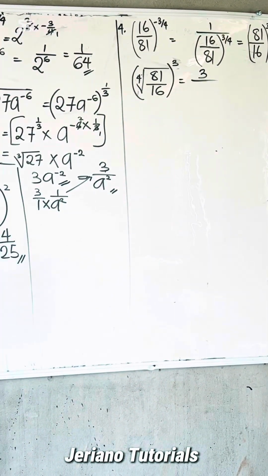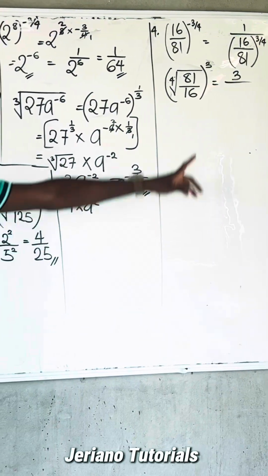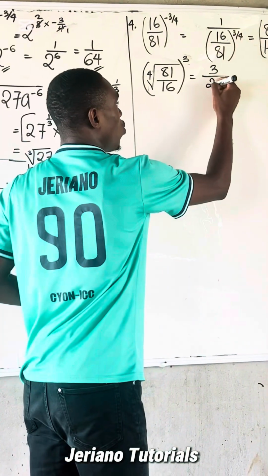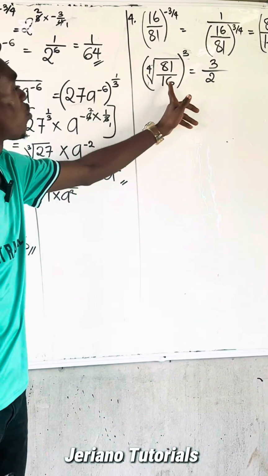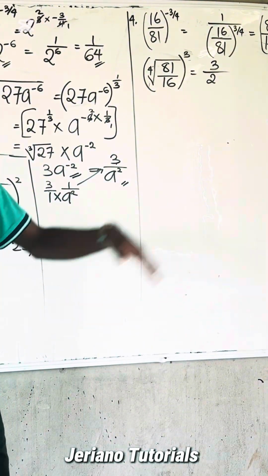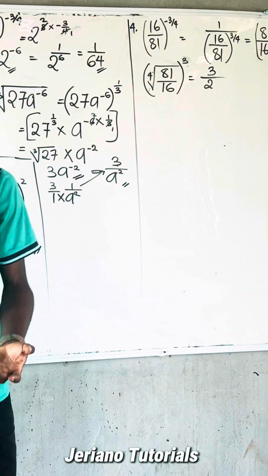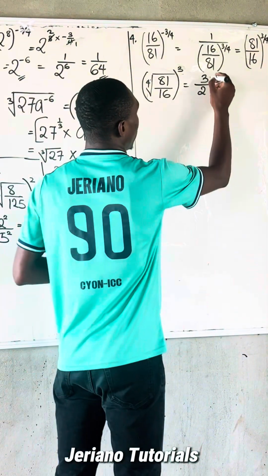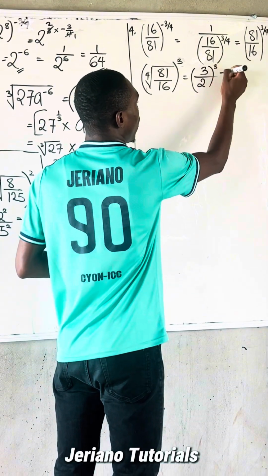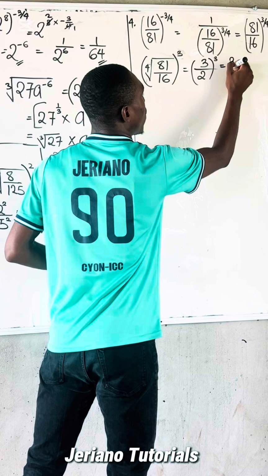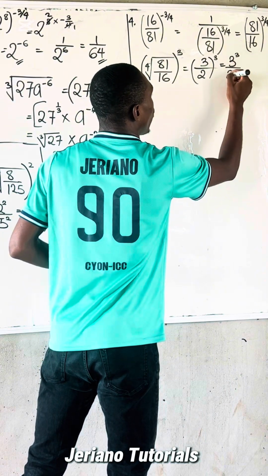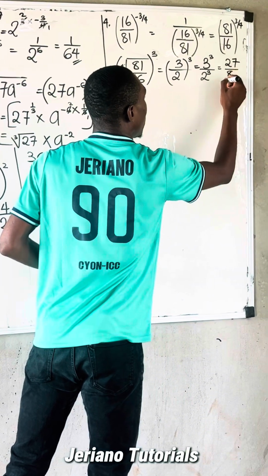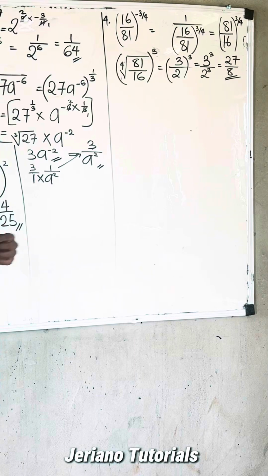Because 3 can be multiplied in 4 places to give you 81. The 4th root of 16 is 2. Why? Because 2 can be multiplied in 4 places to get you 16. That is how to check for the root of a particular number. You don't need your calculator for that. All raised to the power of 3. Now you split. This is 3 raised to the power of 3 over 2 raised to the power of 3. This is 27 over 8, and that's our final answer.